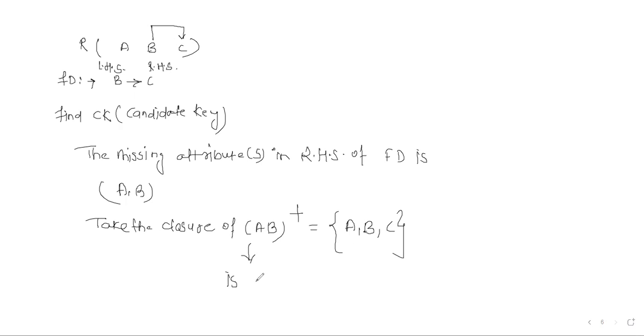AB is the candidate key. Alone A is not a key, alone B is not a key. The combination AB is a candidate key. I hope you are understanding. Now, C is derived by B alone. But B is not a candidate key. AB is a candidate key, not A alone, not B alone.